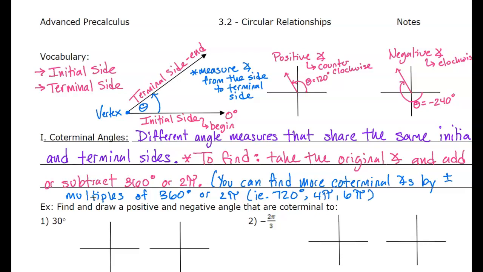Multiples of 360 or 2 pi will give you a coterminal angle to your original angle.